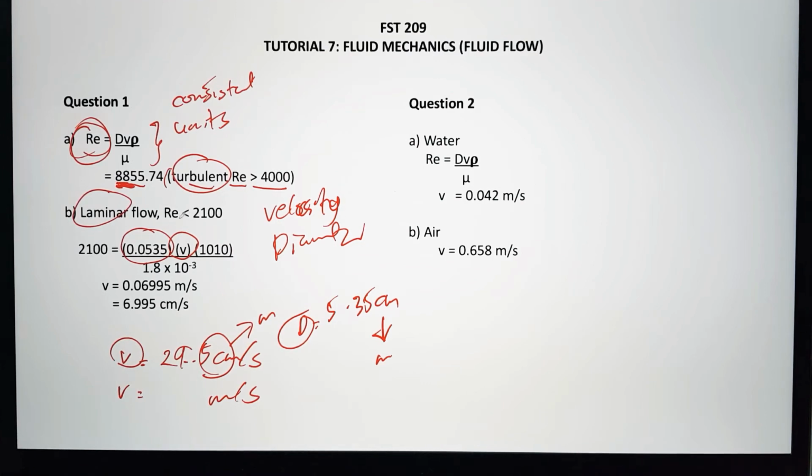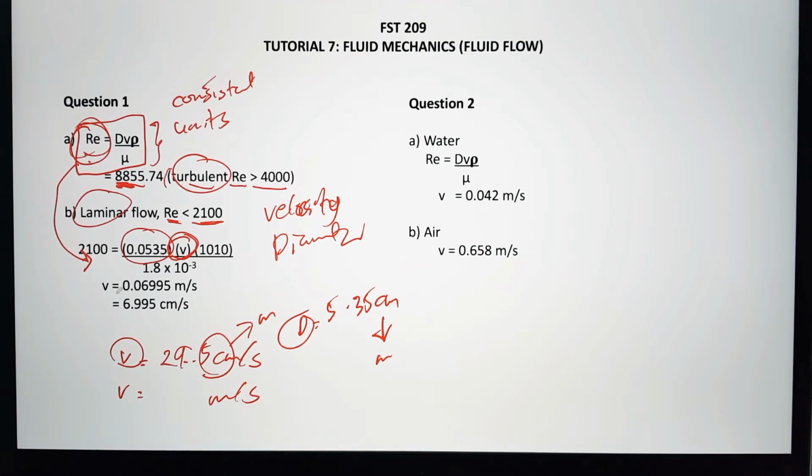For laminar flow, the Reynolds number should be less than 2100. So just by using the same equation, Reynolds equals dV rho over mu, use this particular equation over here, but leave this V as unknown.